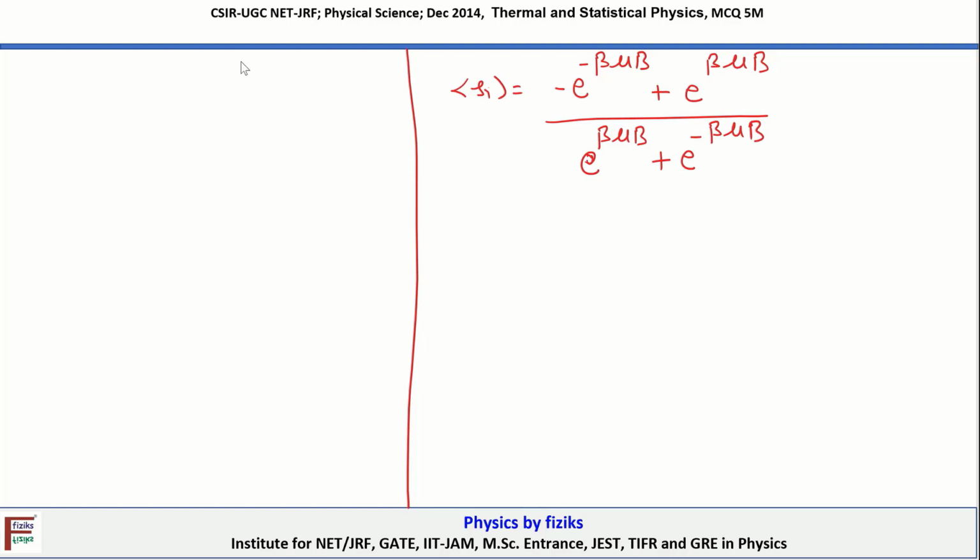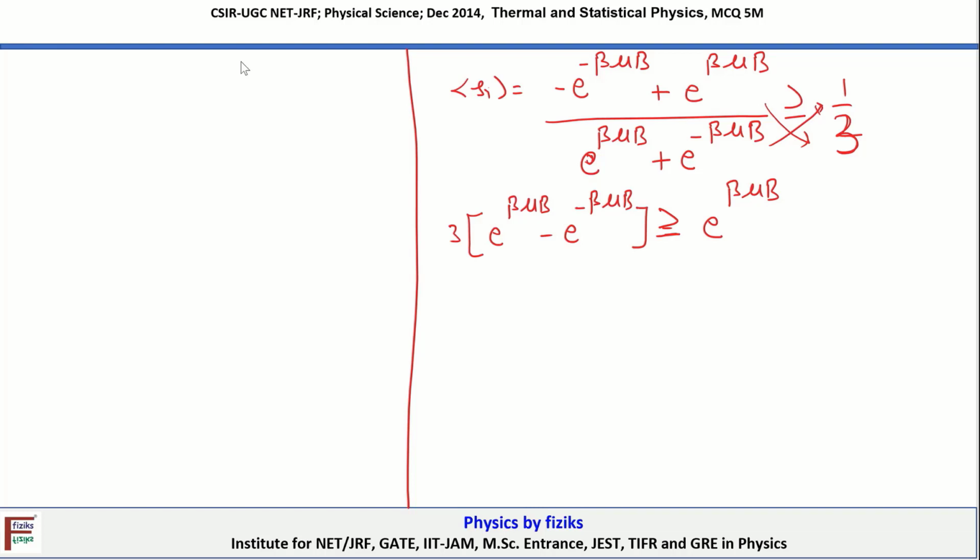Since it is given that this Si value is greater than or equal to 1 by 3, in order to solve it we do the cross multiplication, and that gives us 3 into e power beta mu b minus e power minus beta mu b, which is greater than or equal to e power beta mu b plus e power minus beta mu b.